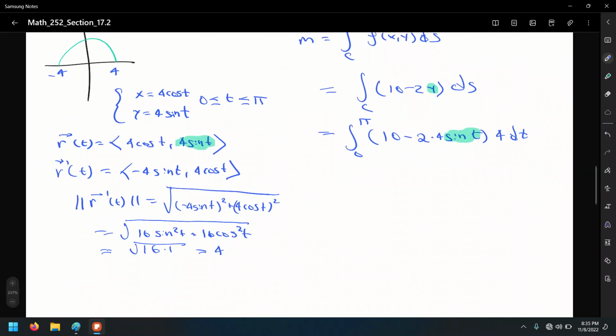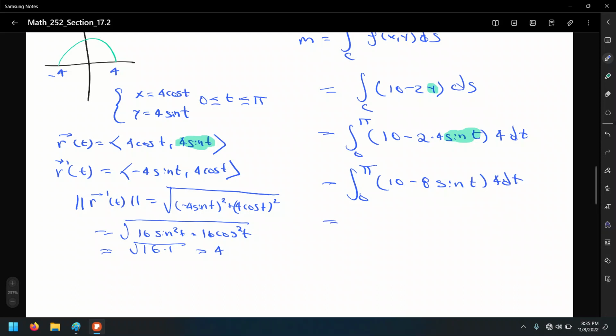That's going to give us the integral from 0 to pi of 10 minus 8 sine t, times 4 dt.